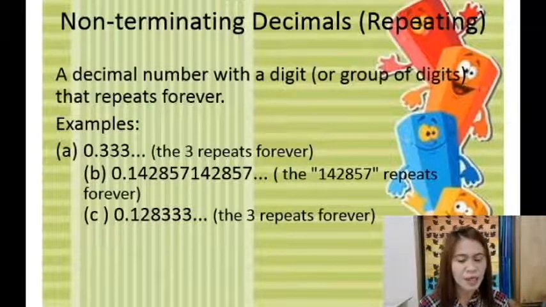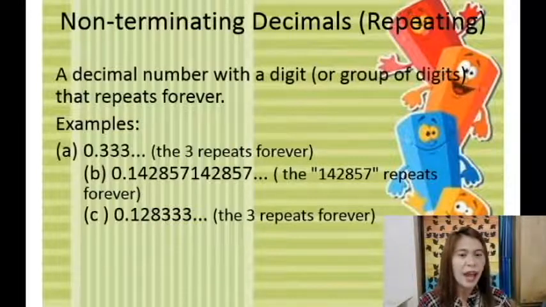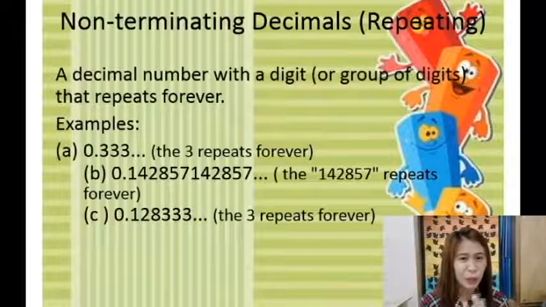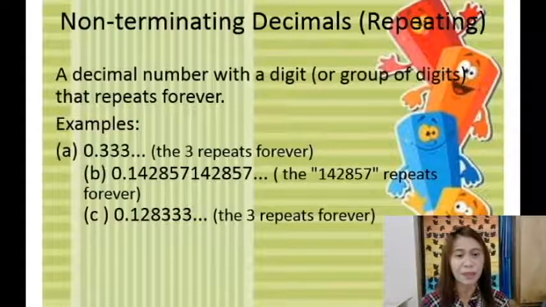Next example, 0.128333. Not all digits repeat; we have three digits before the repeated part. The number that repeats is called the repetend. So it is 128, then 333. It is still a repeating decimal.